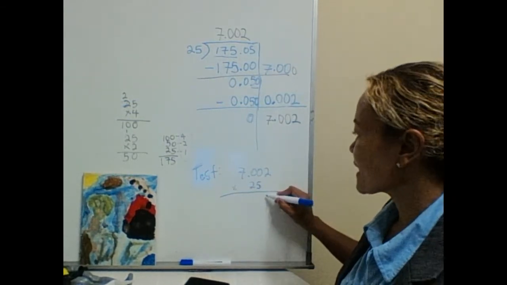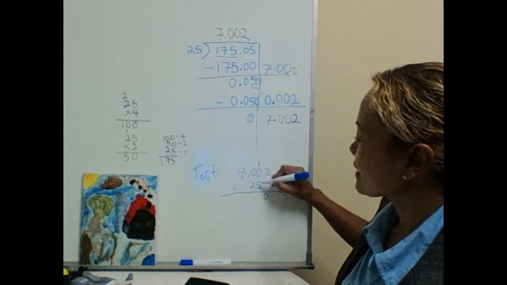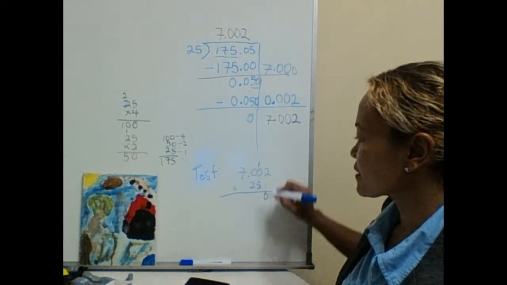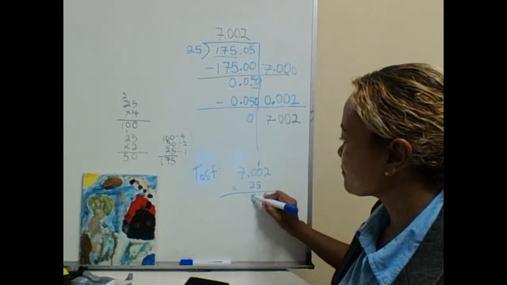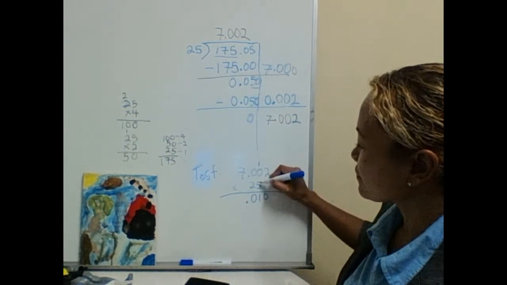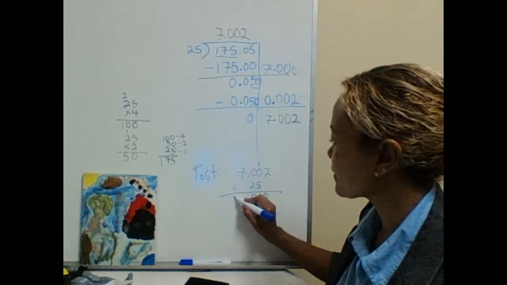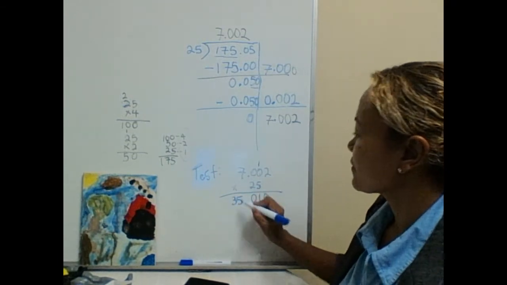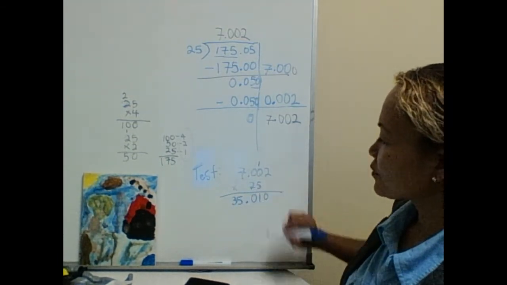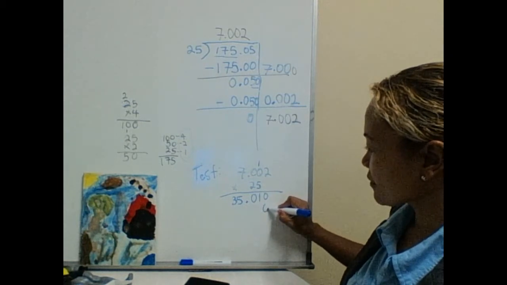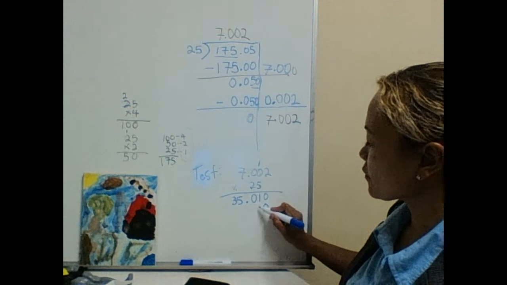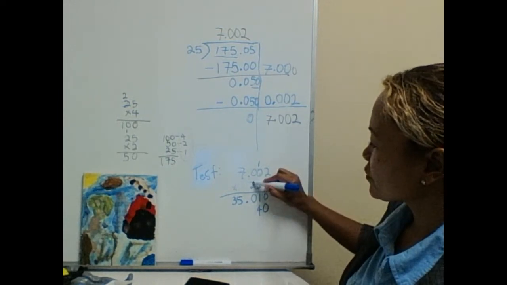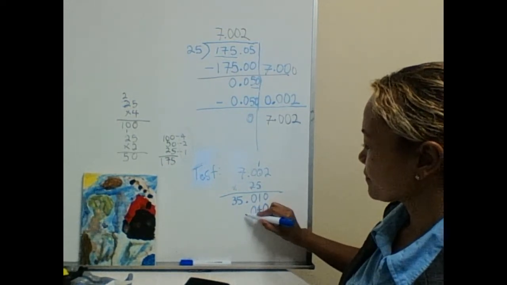5 times 2 is 10. Carry 1. 5 zeros is 0 plus 1. So here. 5 zeros is 0. Get to the decimal point. 5 sevens are 35. You get to this 2 now, so you must add a 0 on the bottom here. 2 twos are 4. 2 zeros are 0.